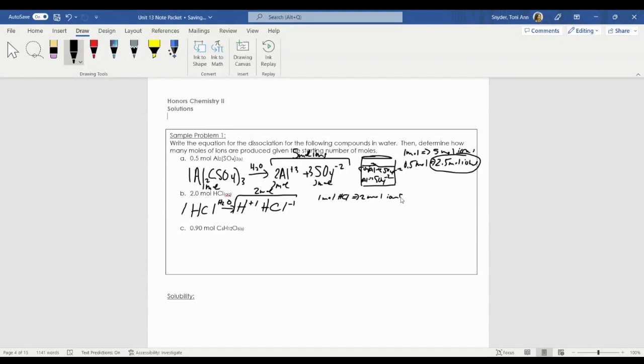And this is going to be important later in this unit when we start talking about colligative properties. So the question is asking if I had 2 moles of HCl, how many moles of ions would I produce? Well, if it's a 1-to-2 ratio, 2 moles of hydrochloric acid can produce 4 moles of ions. Just a basic mole ratio step.